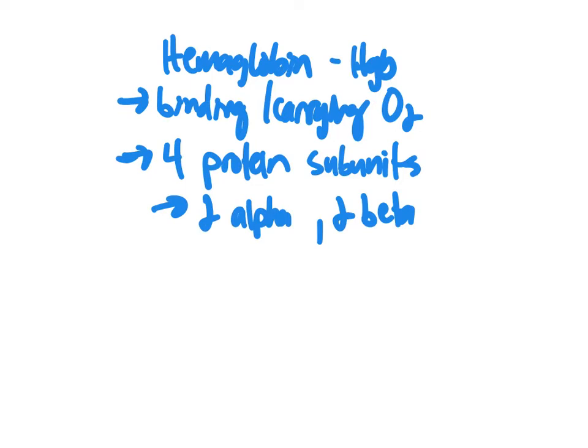Now this is different from what you find in a fetus, for example. The hemoglobin molecule in a fetus is composed of 2 alpha subunits and 2 gamma subunits, and that's because that particular type of hemoglobin has a stronger affinity for oxygen, and fetuses live in a low oxygen environment, and so the hemoglobin they produce is really adapted to extract as much oxygen as possible from the blood that they get from the placenta.